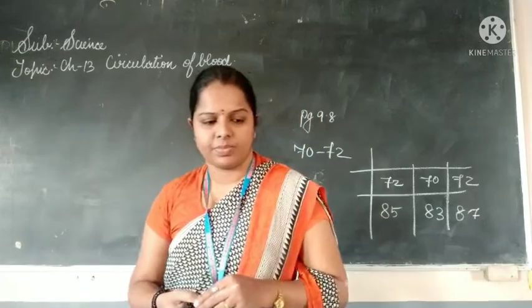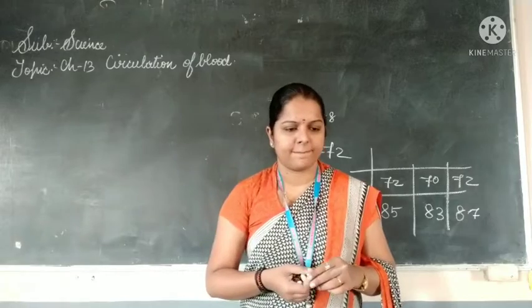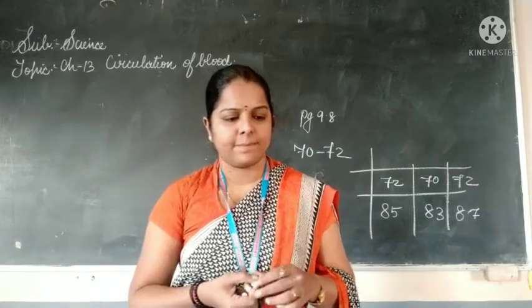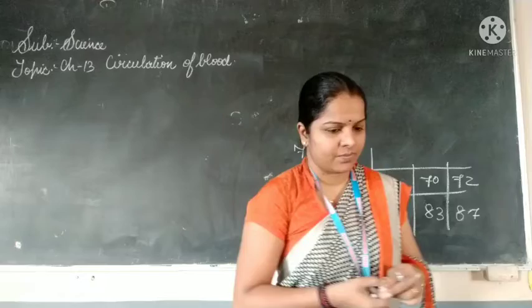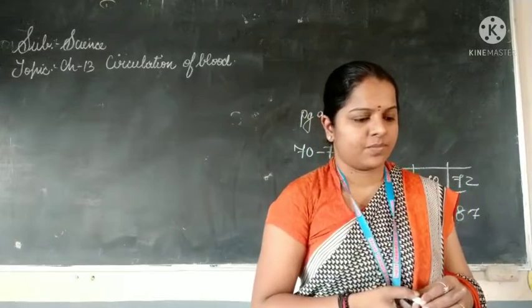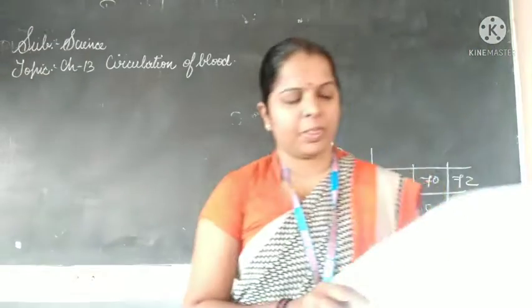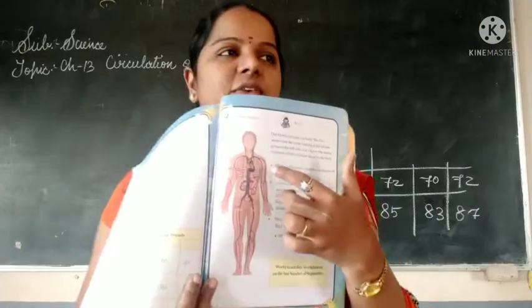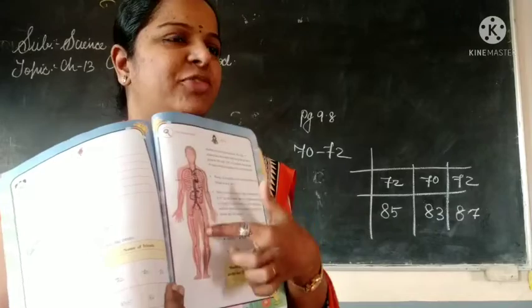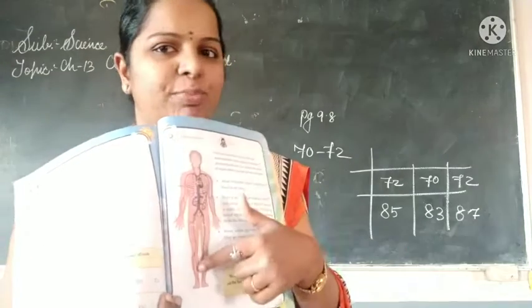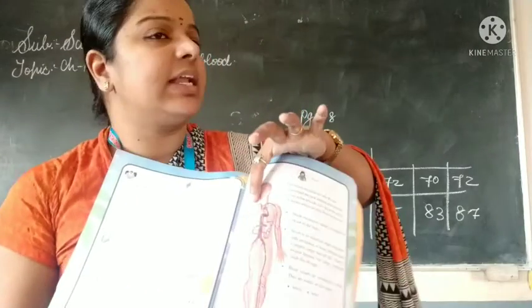Our blood circulates in the body. We can understand the same by looking at the picture given on the left side. Here in the figure you can see the circulation of blood, and you can see red color and blue color.